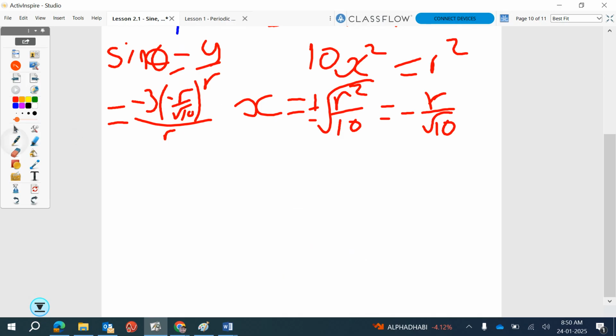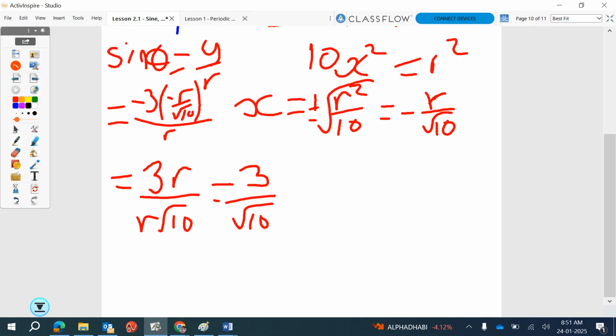So we have got here equals 3r over r root 10. So we have got 3 over root 10. Okay, I'm going to skip the cosine one. We're out of time there today.